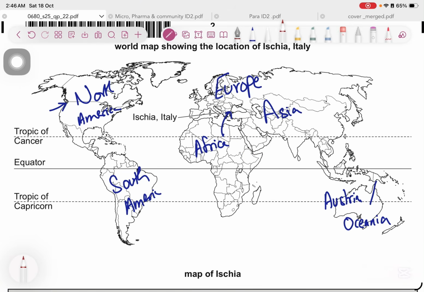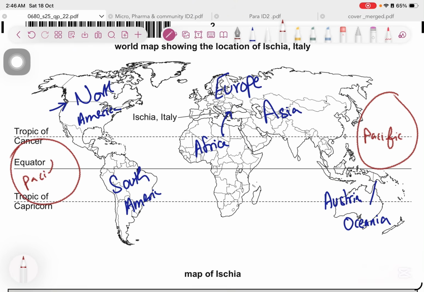Next we got the oceans. You have to know right and left, that's Pacific. Pacific and Pacific. Very good. I hope you're answering with me. Then we got a lot of A's, remember? America and Africa. That's going to give you another A, which is Atlantic.